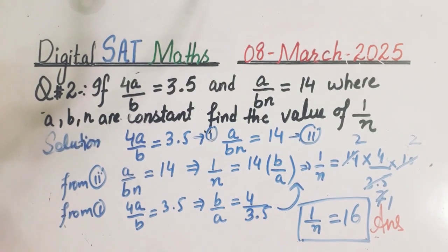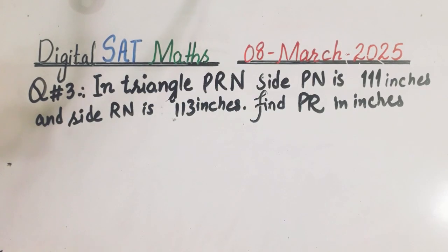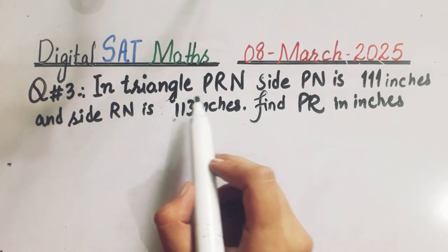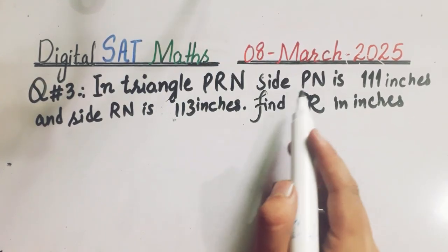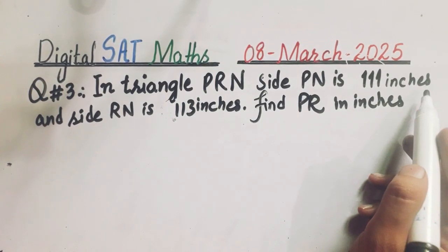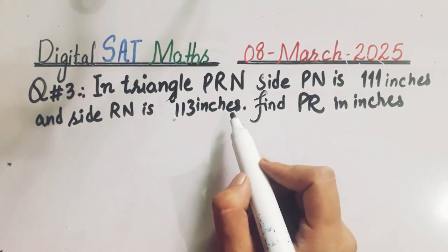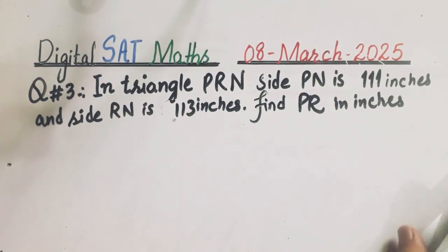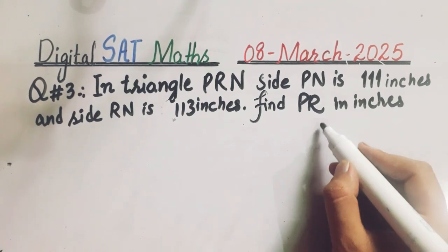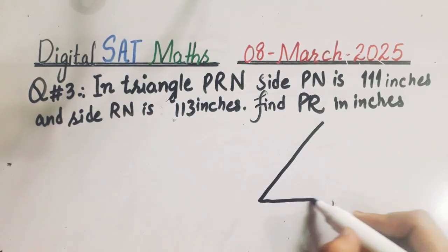Now we will solve question number 3. Question number 3 is, in triangle PRN, PN is 111 inches and side RN is 113 inches. Find the PR. We will draw this diagram first.